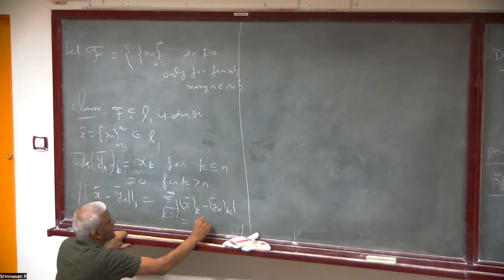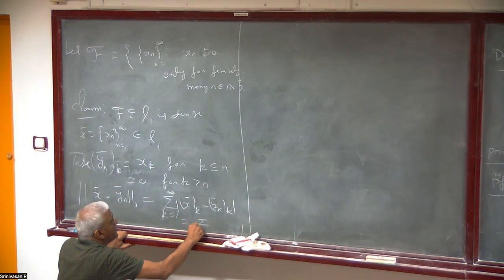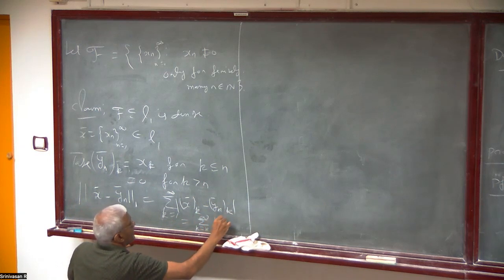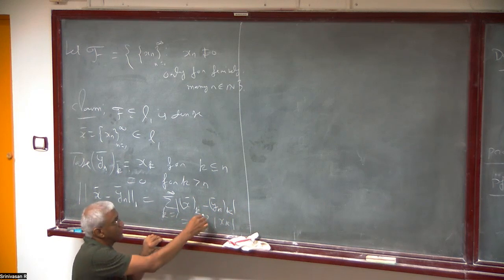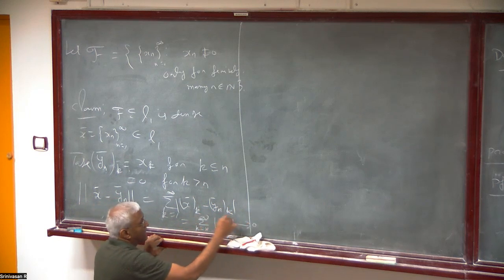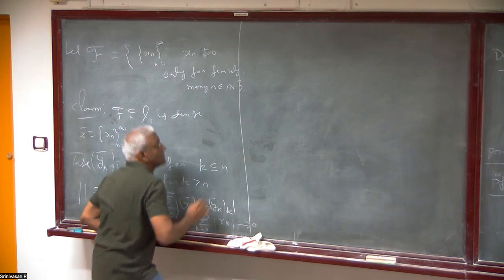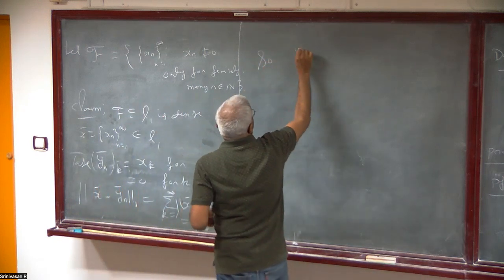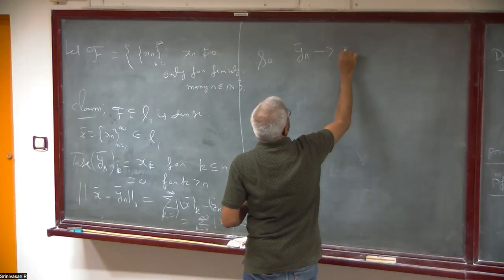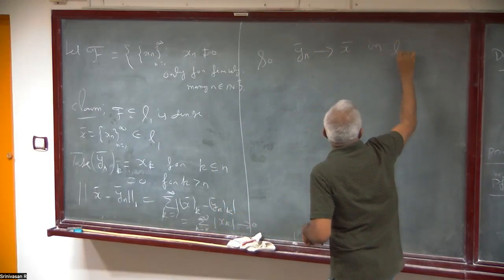So this is equal to the summation for k equal to n to infinity of the modulus of x_k. This goes to 0 because it's absolutely summable, right? Because it's in L1, by definition this goes to 0. So y_n bar converges to that x bar in L1 in this metric.